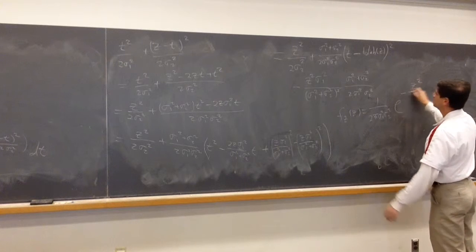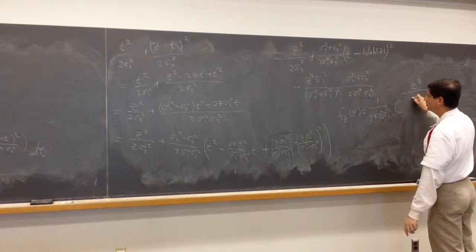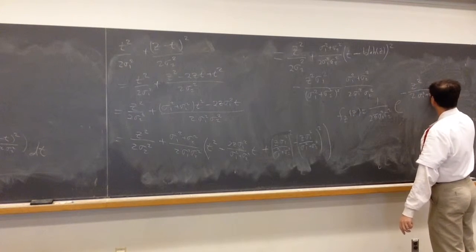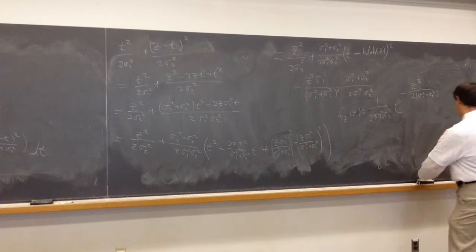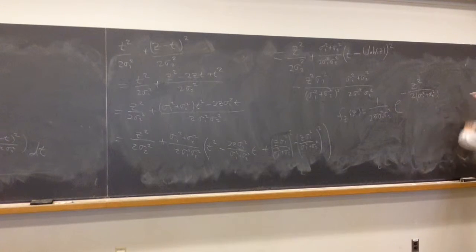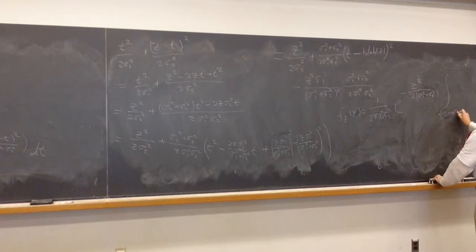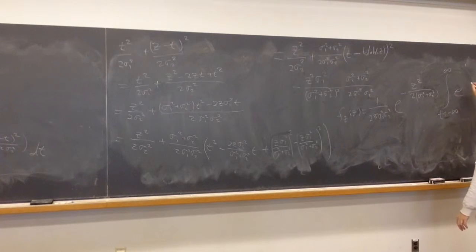And so when the dust settles, we'll have an e to the negative, dear God, z squared divided by 2 sigma 1 squared plus sigma 2 squared, times the integral, t goes from minus infinity to infinity, of e to the negative t minus, we've shifted things, so it's going to be e to the minus t squared over blah dt.